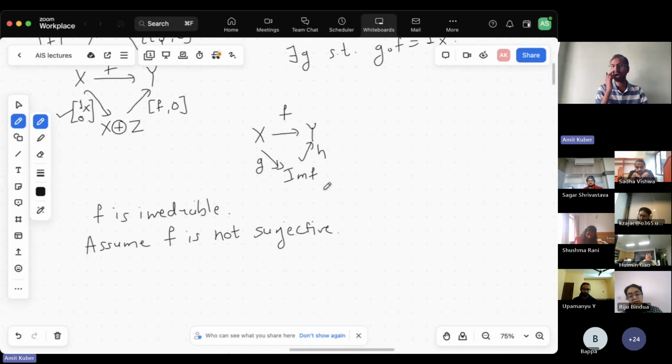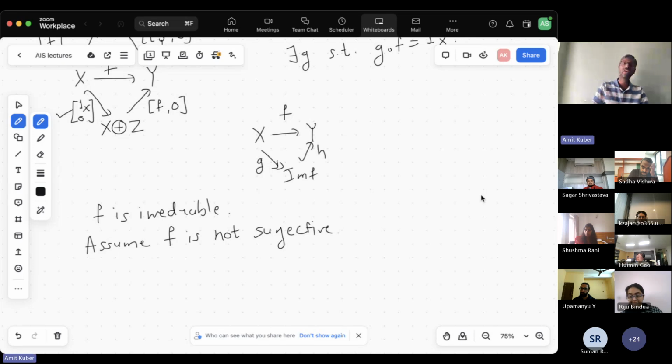Then what can you say about H? Can H be surjective? Because X to image f... Yeah. Suman, you want to say something? You have unmuted. No, it's not surjective.